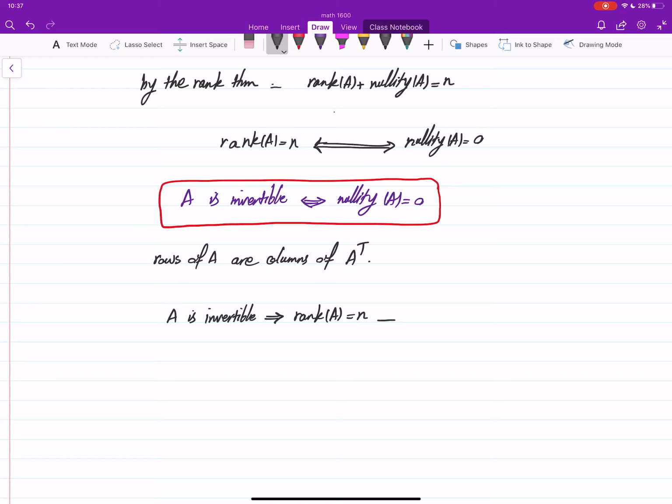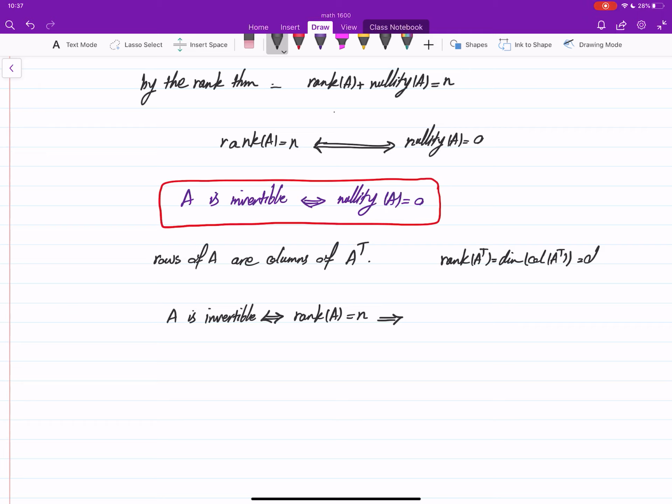The rank of A and the rank of A transpose are the same thing, because the rank of A transpose is equal to the dimension of the column space of A transpose.